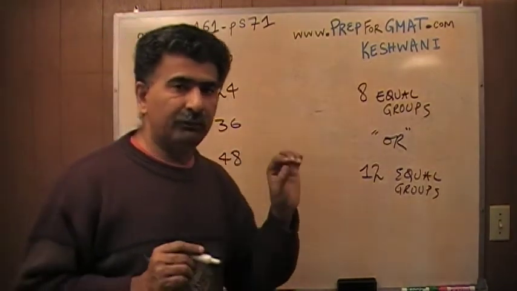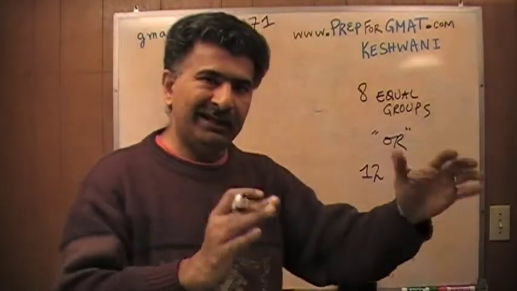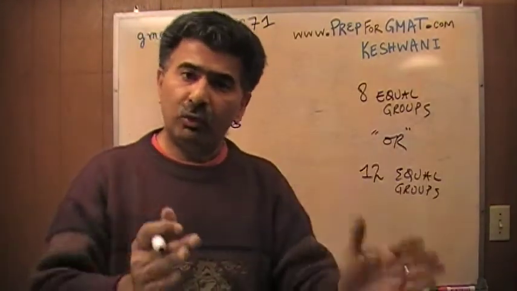Because we are told that I have 2 choices: I can either divide this class up into 8 different groups of equal size or 12 different groups.